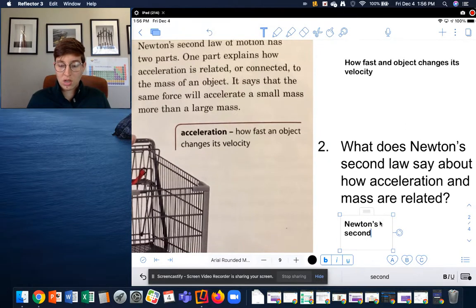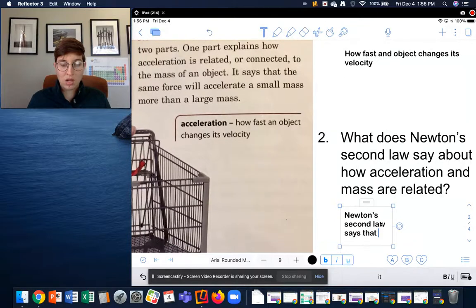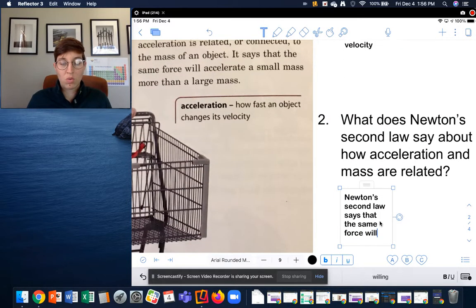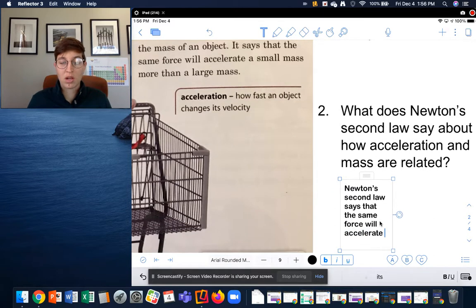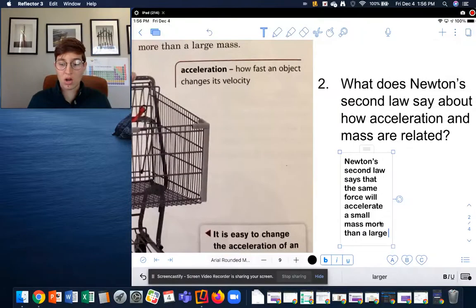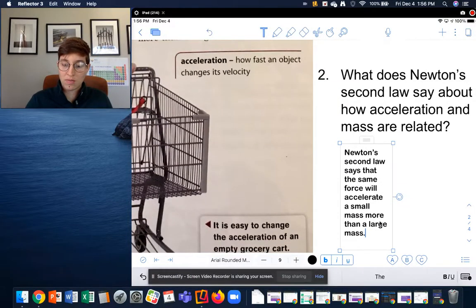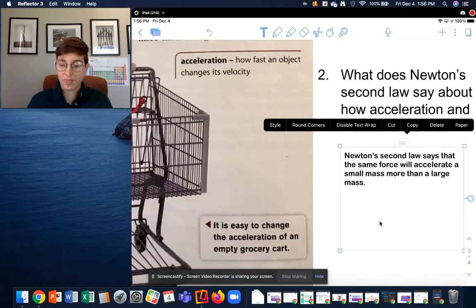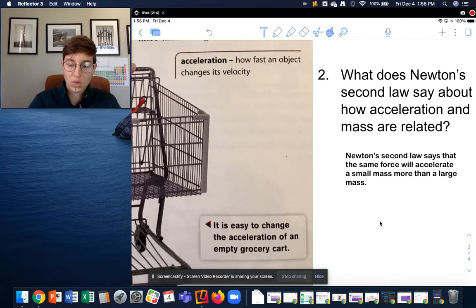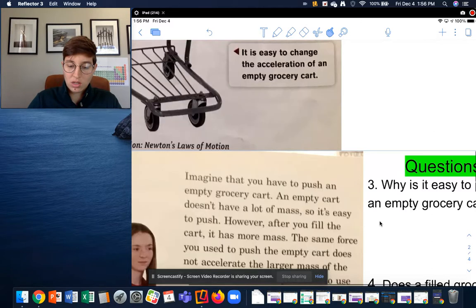Newton's second law says that the same force will accelerate a small mass more than a large mass. Let's keep reading.